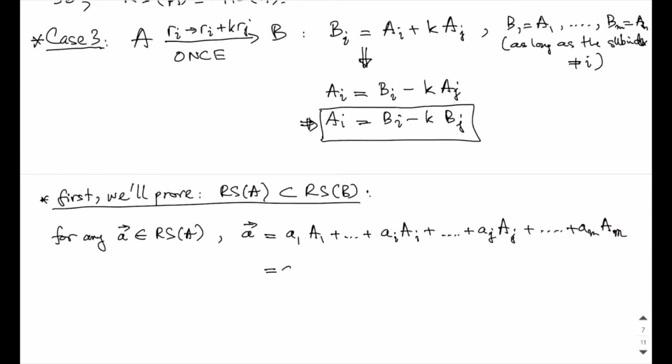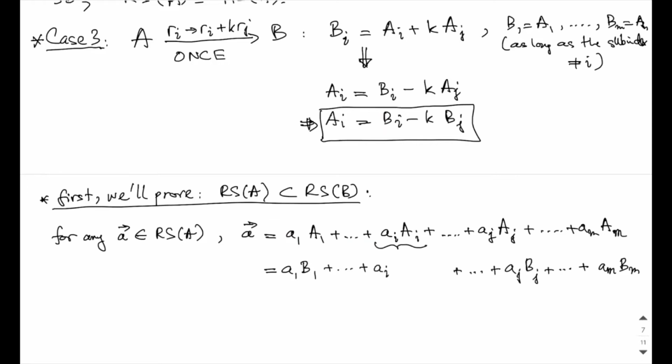As said, because we just made changes on the ith row of A, the other rows will be the same. So A1 will be the same as B1, and Am will be the same as Bm. We made changes on the ith row by using the jth row, but we didn't change the jth row. So Aj is the same as Bj. Now here comes this one, where we made changes.